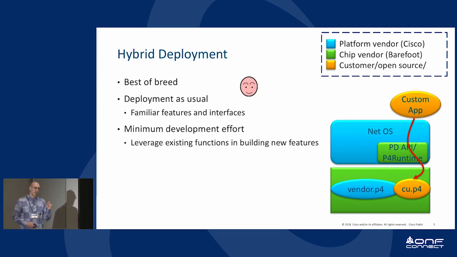When they do that, they do it with the minimum development effort, because they can focus, as Alan was saying before, only on the particular feature they are interested in. They don't have to worry about forwarding of IP packets or Ethernet frames. That's already taken care of by the vendor.p4 part of the P4 program.